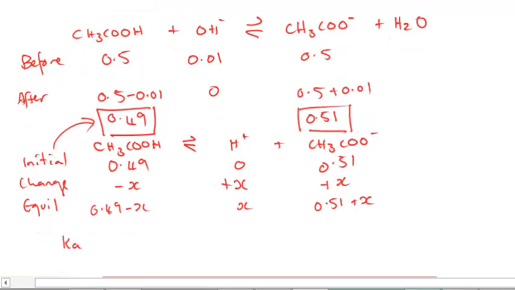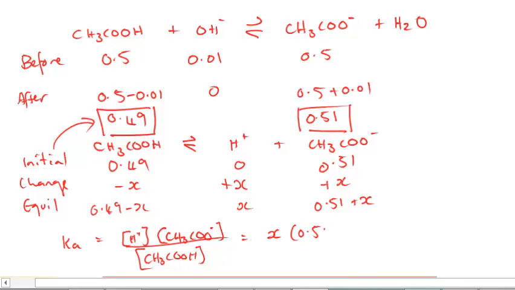Well, let's see. Ka is equal to, again, our H plus and our acetate all over our acetic acid, which is going to be x times 0.51 plus x all over 0.49 minus x.